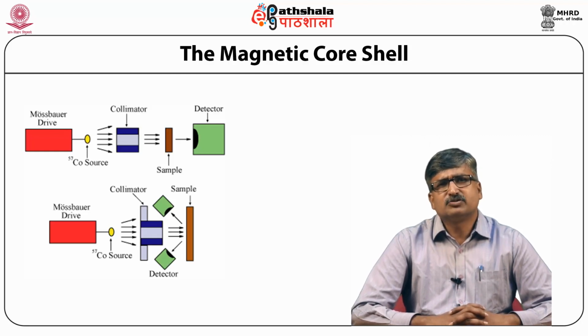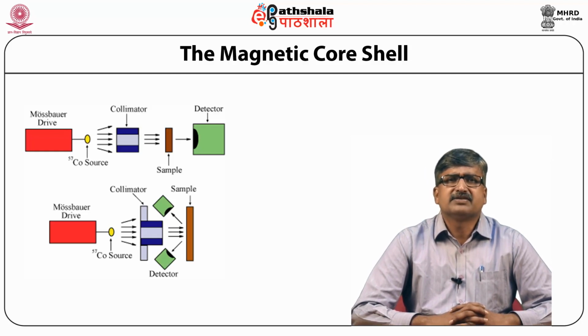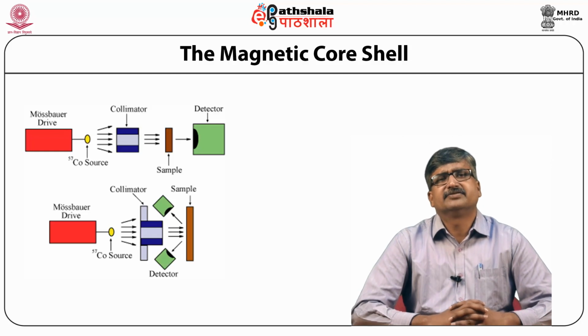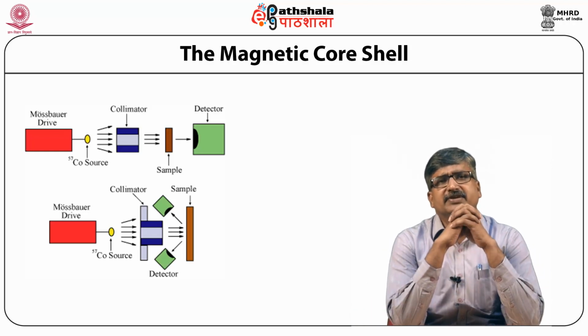Mössbauer spectroscopy techniques provide a direct way of investigating nano-sized magnetic particles and their spin structure. And for studying non-collinear spin structure, an external magnetic field is applied. This orients the magnetization in the direction of the external field.